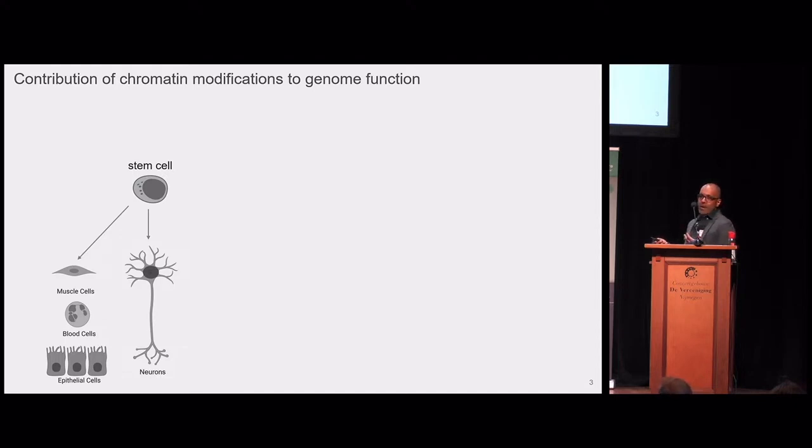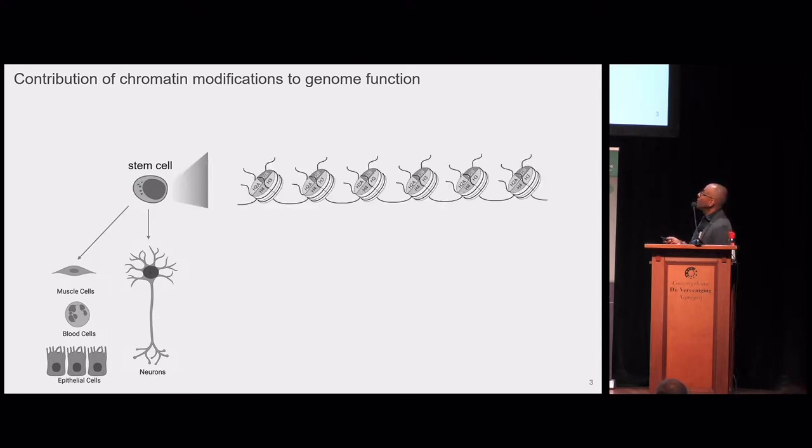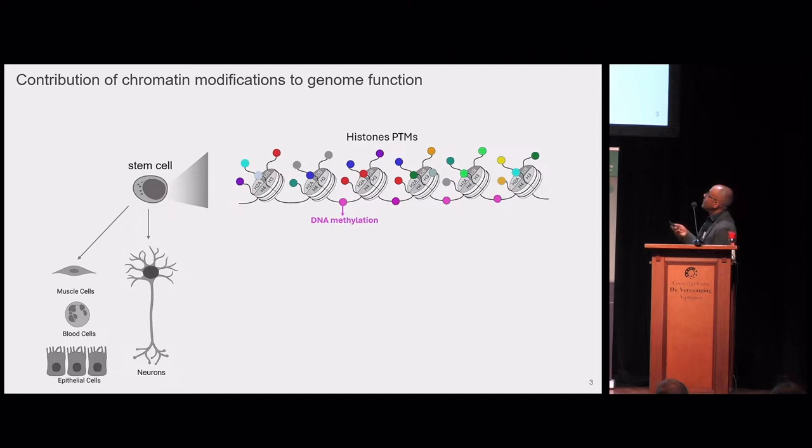We know that encoded proteins by themselves are not sufficient for the complexity that we see in these different cell lines. Most of this complexity comes from regulation of histones and chromatin, mostly from a diverse array of covalent post-translational modifications on histones, but also on DNA, in the case of DNA methylation.